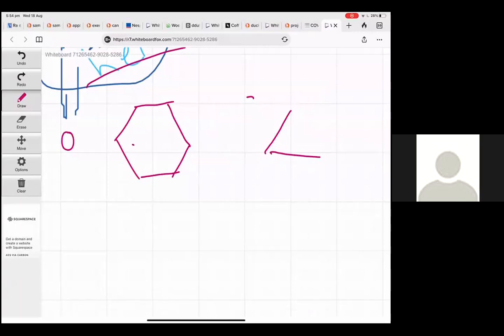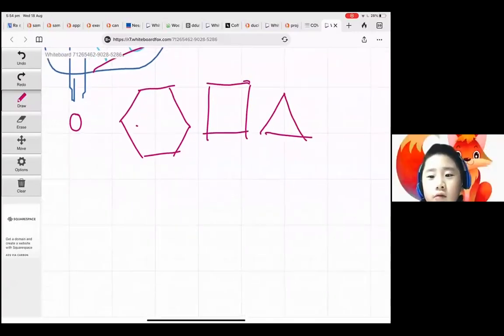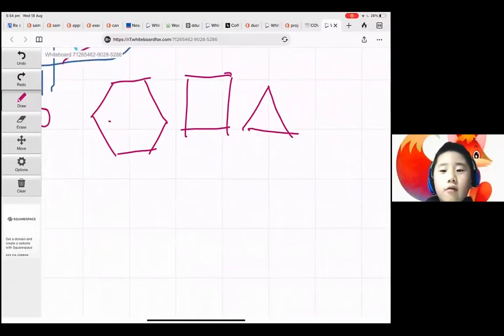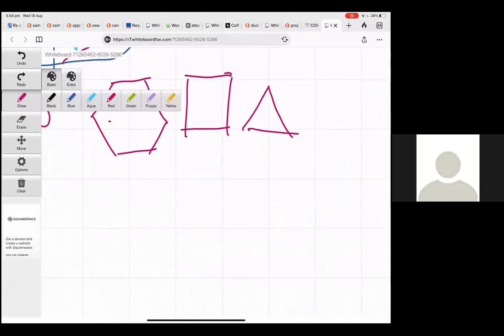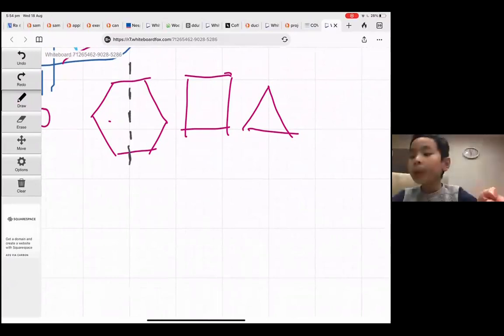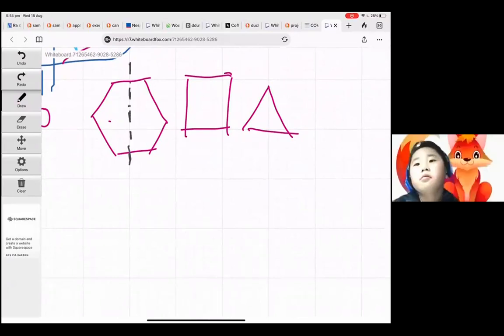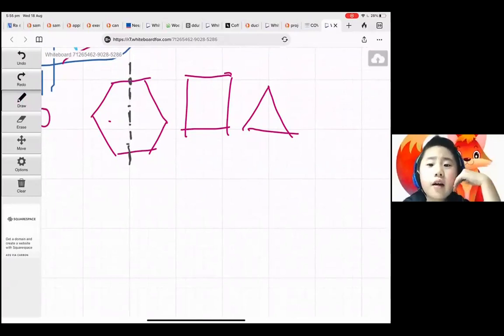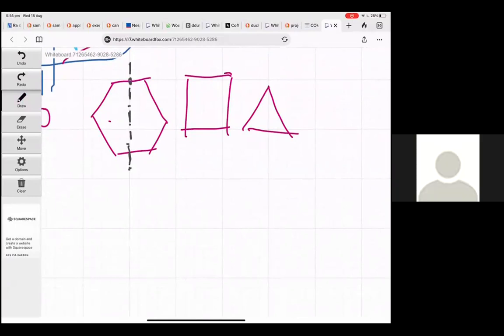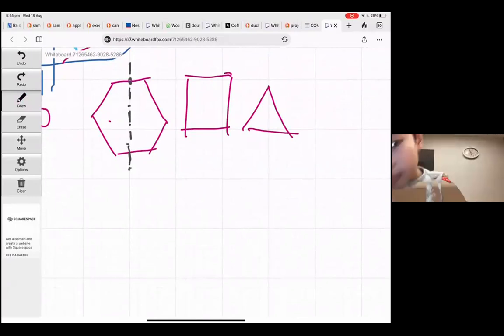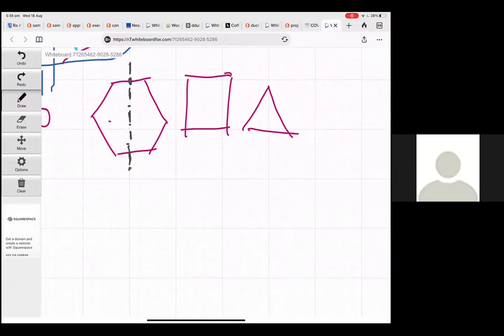So does everyone know what a line of symmetry is? Yeah, a line of symmetry is like the thing can get cut into quarters and can be folded, and each part is the same when you fold it, when you reflect along that line, it's the same.